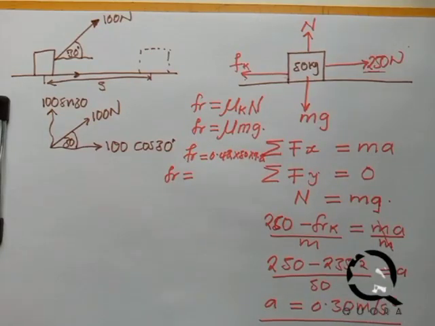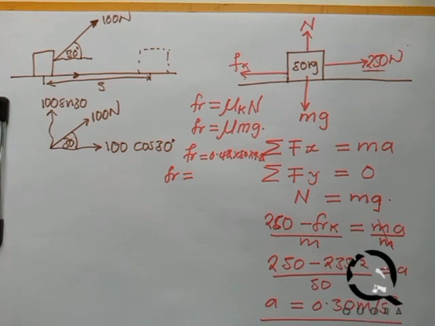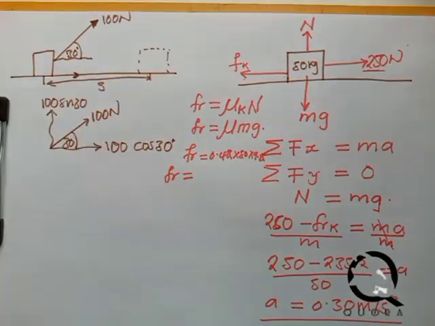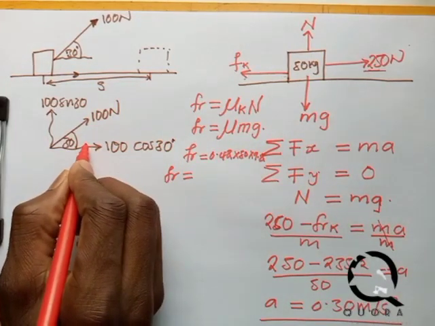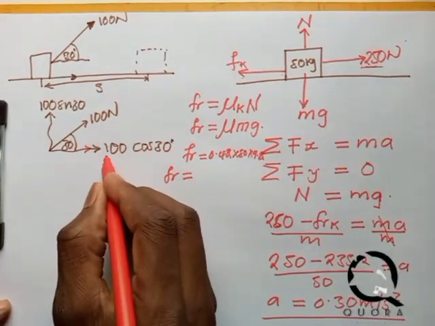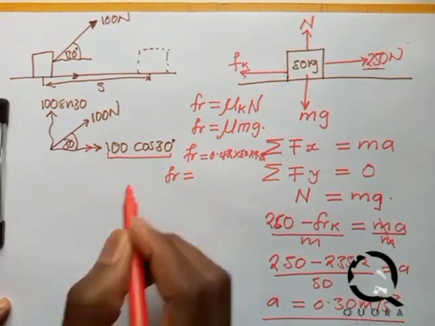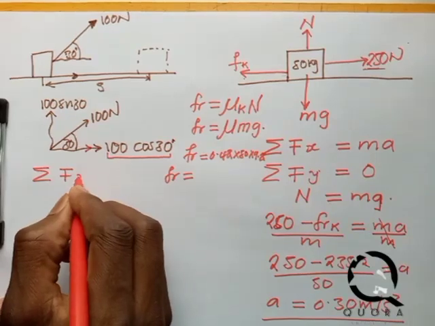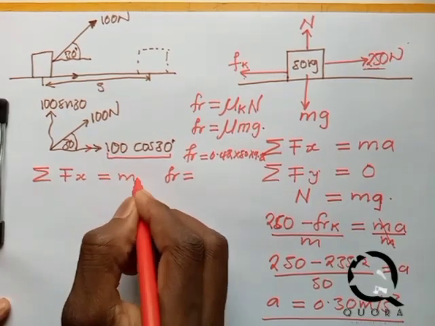Remember, the force which is going to make this one move in the horizontal direction has to be the one which is parallel to the displacement. In this case, it has to be the horizontal component. So I'll say the summation of forces in X must give us the acceleration.